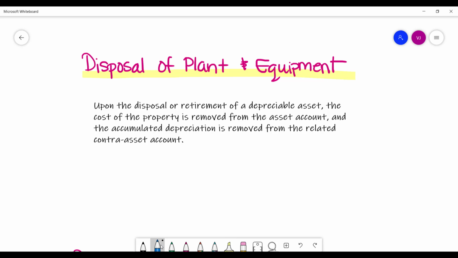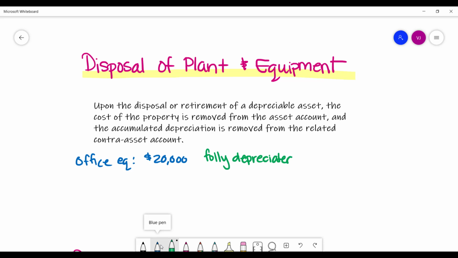So as an example, let's assume we have office equipment that initially cost us $20,000. Let's assume this $20,000 of office equipment is now being retired. It came to the end of its useful life, and it is now fully depreciated, and there's no salvage value.